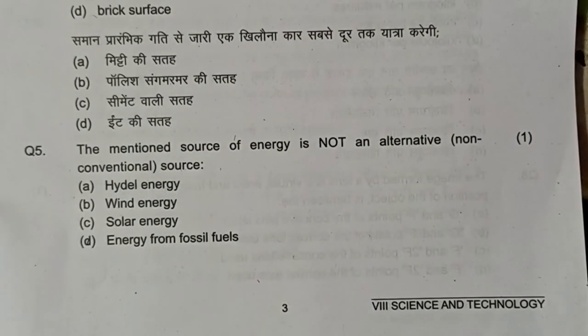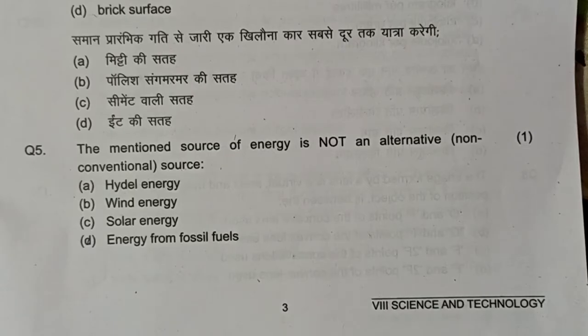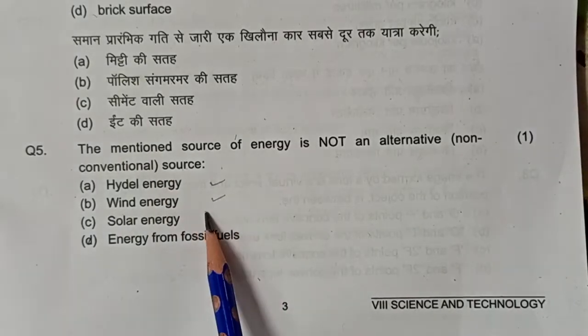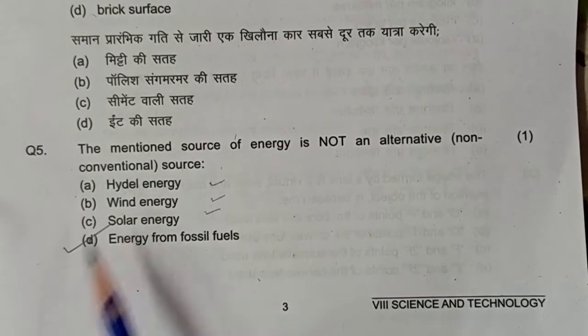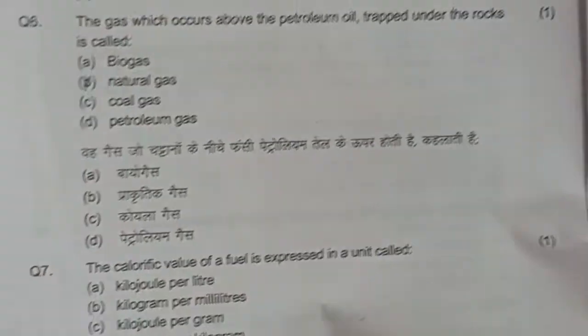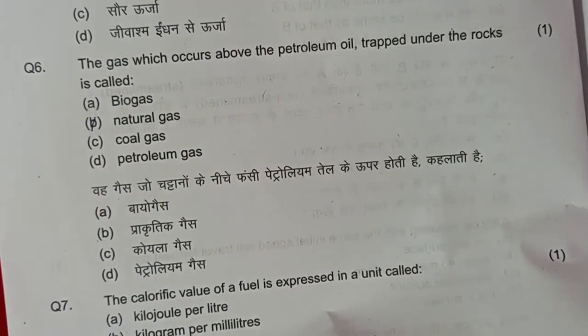Next, which of the mentioned sources of energy is not an alternative non-conventional resource? Hydel energy is an alternative. Wind is also. Solar is also. Energy from fossil fuels is not an alternative. So it is the correct answer. Now let's move to question number 6.